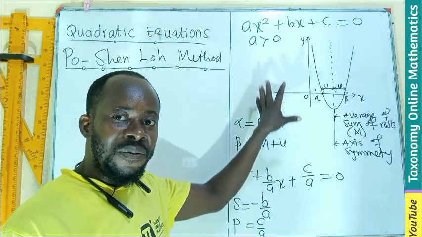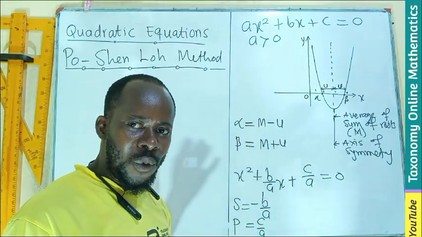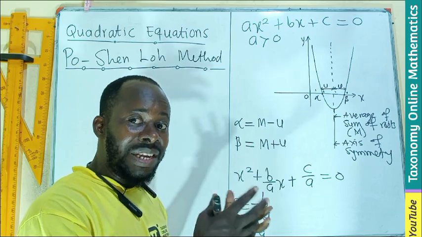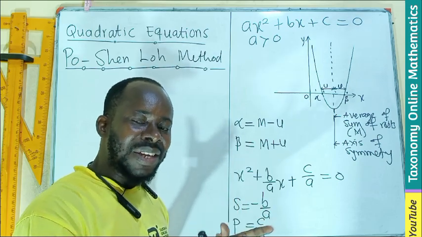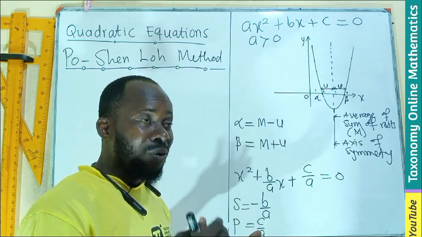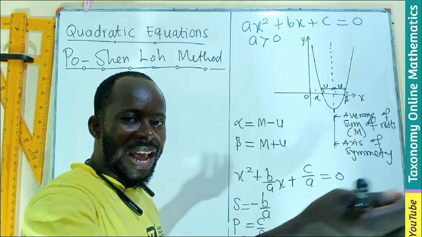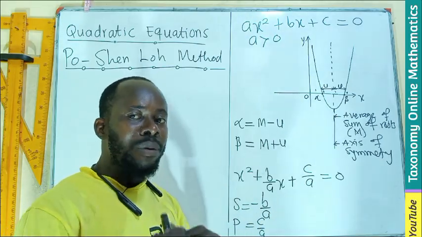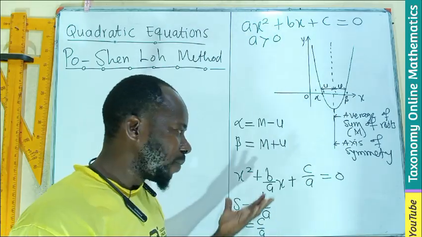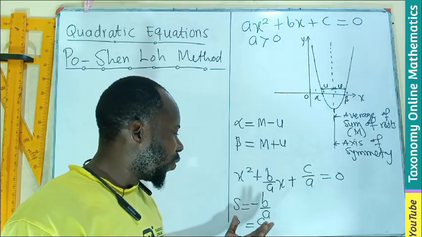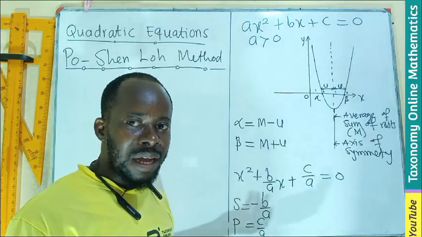I know from the face of this, you'll be asking why I am saying that this is a lot easier than using factorization, completing the square and the formula, because you need to memorize the formula. But here, if you know the sum of roots and you know the product of roots, you are done.